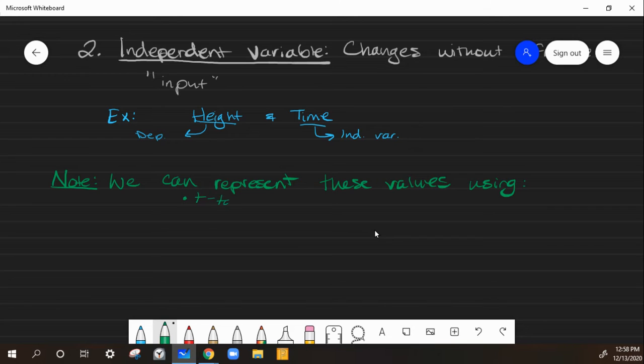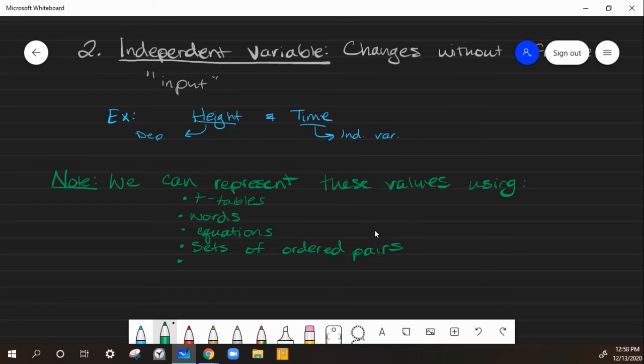We can use t-tables. If you don't remember what a t-table is, we're going to look at it here in a few minutes. We could use words, how we've seen it already. We could use equations. We're going to see a lot of that. We could use sets of ordered pairs. Now, if you don't remember what an ordered pair is, please pause and go Google it right now, because you need to know what an ordered pair is.